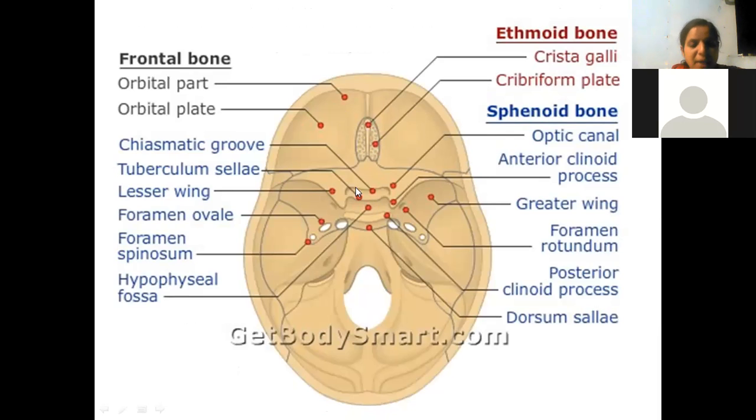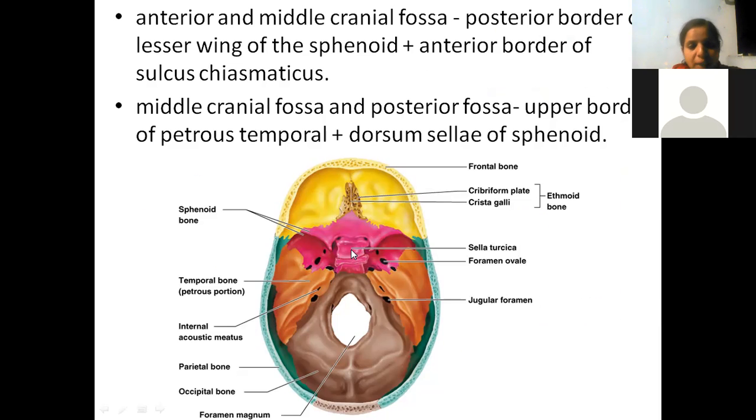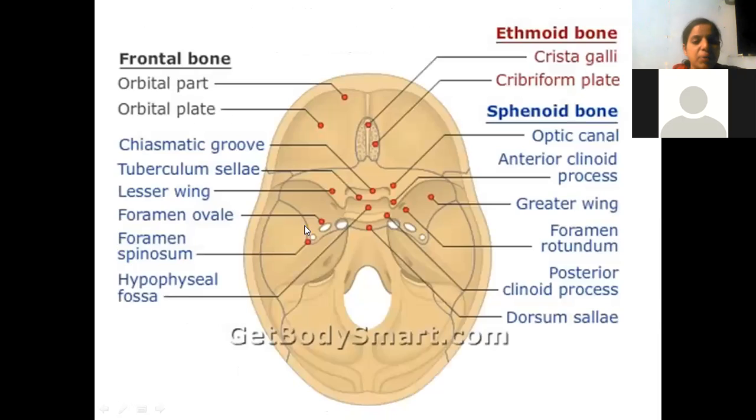Okay, so this area we have optic chiasma, hence there is a groove formed here which is called chiasmatic groove. Okay, this area is actually pituitary fossa, where we have pituitary gland, which is called sella turcica. Okay, anteriorly we have tuberculum sellae, posteriorly we have dorsum sellae, and in the middle we have sella turcica, where we have pituitary gland.